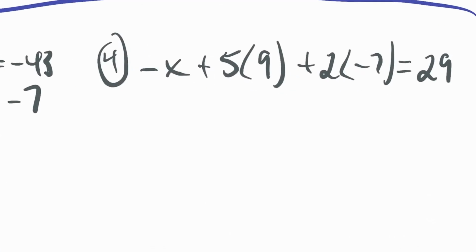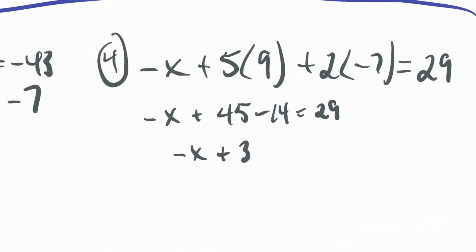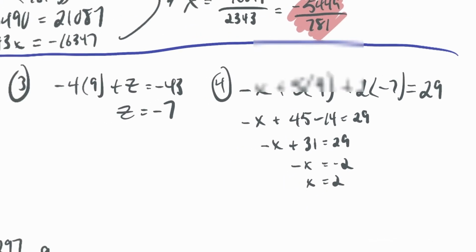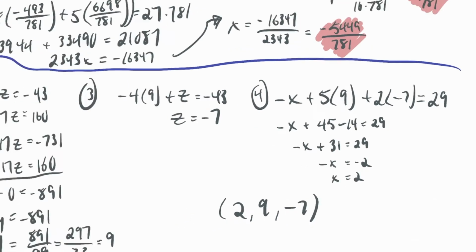Okay. So negative x plus 45 minus 14 equals 29. So negative x plus 31 equals 29. Subtract 31 on both sides and divide by negative 1 on both sides. So our solution is x equals 2. I meant to write 2 comma 9 comma negative 7.